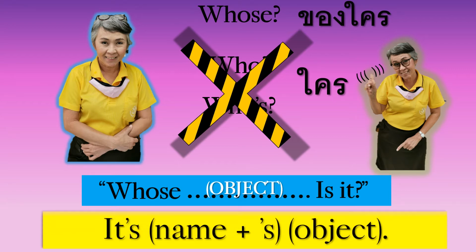The answer: it's, and then the name of the person, it's Tom's, and then the object, it's Tom's cell phone. It's Sarah's lunchbox. Remember that it's, with apostrophe S, is just a short way of saying it is. You can say it is Tom's cell phone, but we are learning it's Tom's cell phone.